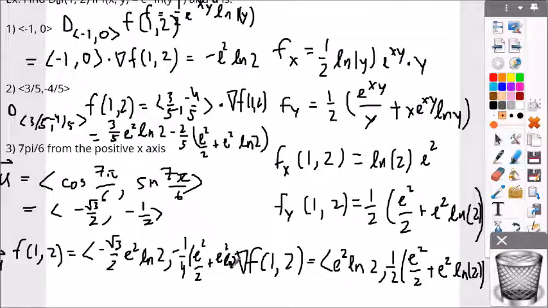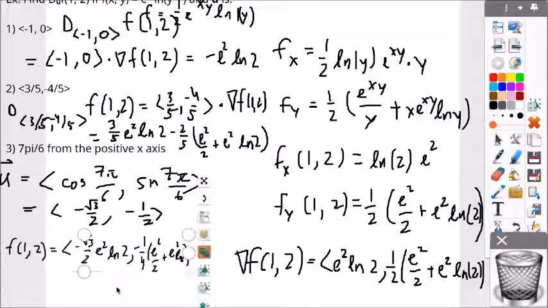This is getting messy. And we will make this smaller. I hope you can read that, or I'm just going to make it look a little bit nicer so you can read that. E squared natural log 2. And that's your answer.